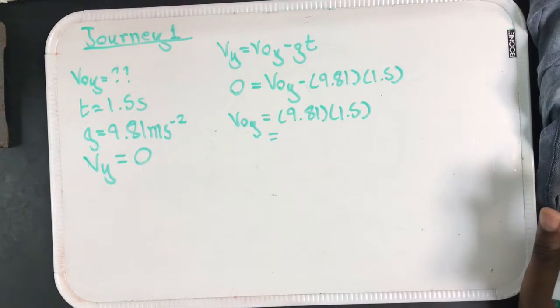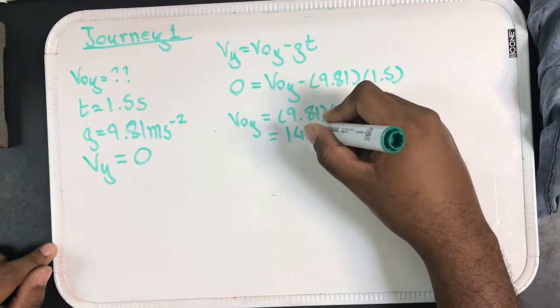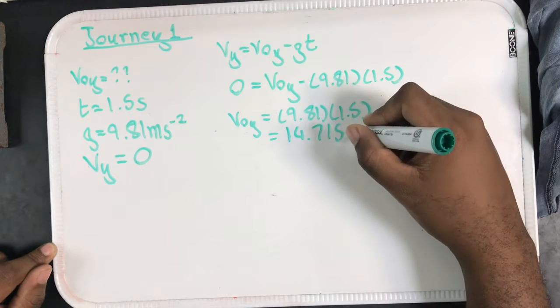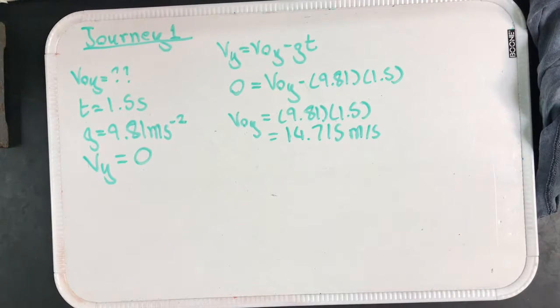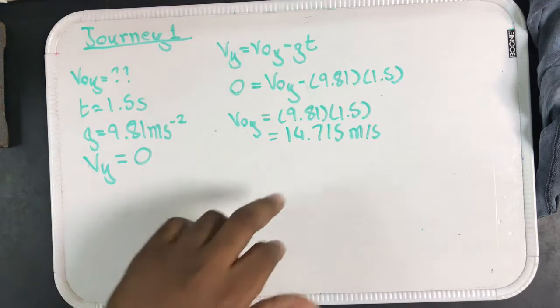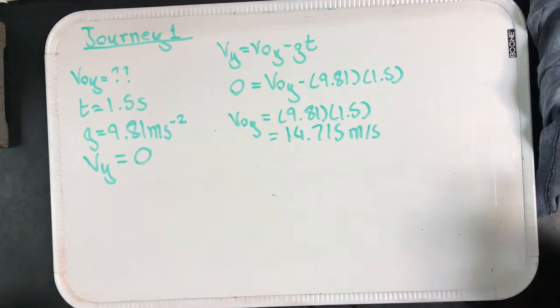I'm working this out. This is 9.81 times 1.5, which is 14.715 meters per second. Now, is this consistent with our coordinate axis? Yes, because the object is going up. So this velocity is positive. This means the object is going up.